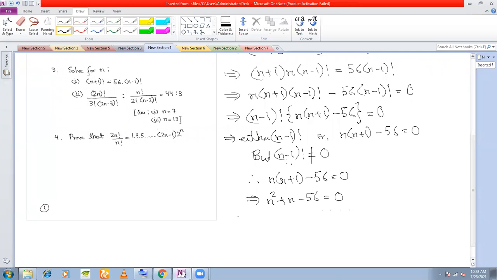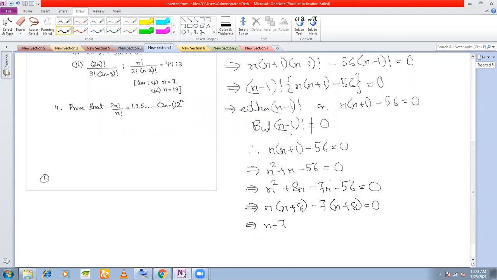So what are the factors here? 7 and 8, right? So n square plus 8n minus 7n minus 56 is equal to 0. So this is n into n plus 8 minus 7 into n plus 8 equal to 0.